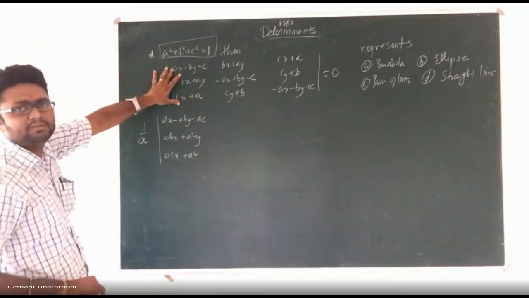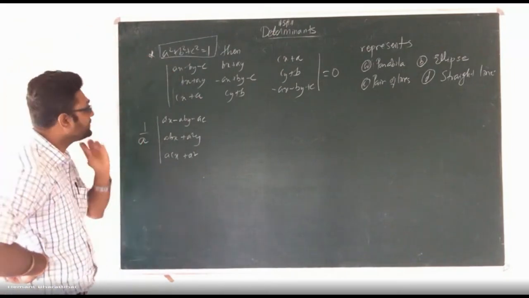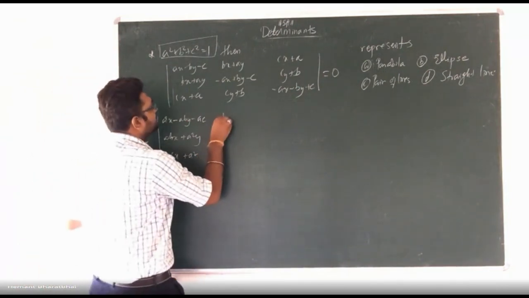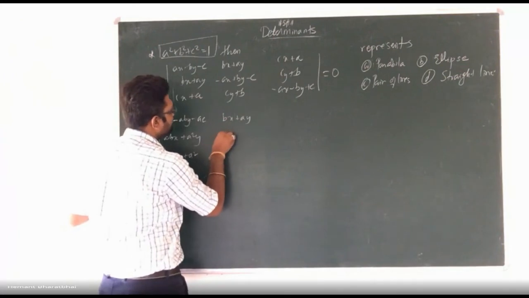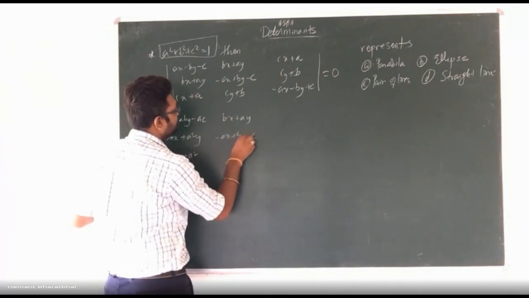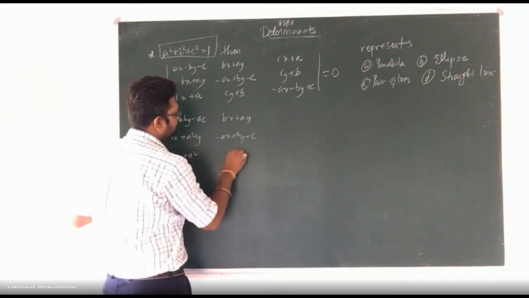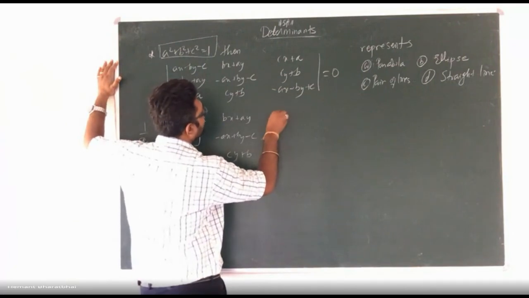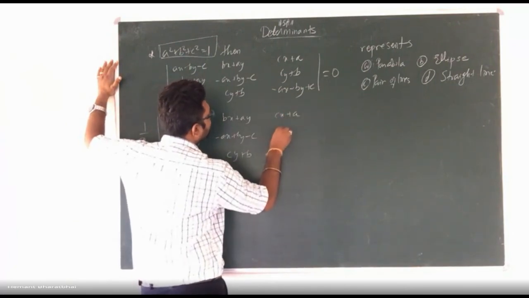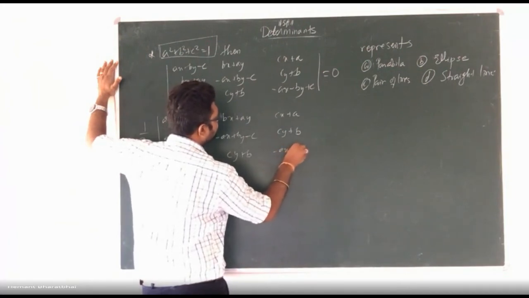Okay, I've multiplied the first column with A, so I'll have to multiply and divide with A, right? And this I'm keeping as it is: BX plus AY, minus AX plus BY minus C, CY plus B, and CX plus A, CY plus B, minus AX minus BY plus C.